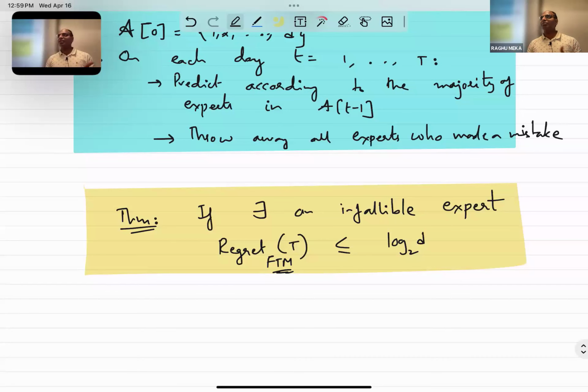We made a mistake means a majority of the eligible experts made a mistake. So that was costly, but we learned a lot from it. We threw out at least half the experts who are currently eligible. And of course, the infallible one will always be there, so you will never throw out that person. So the number of mistakes must be bounded.